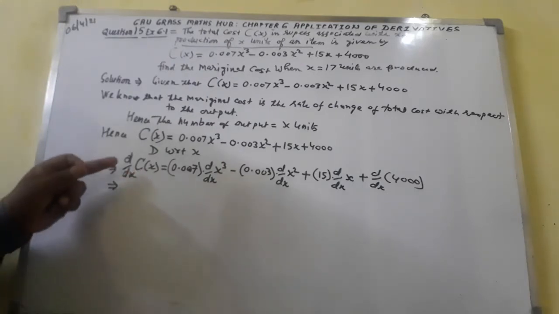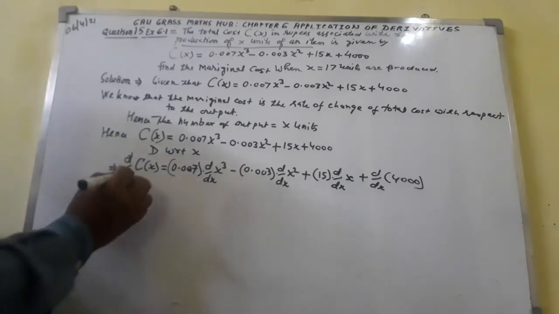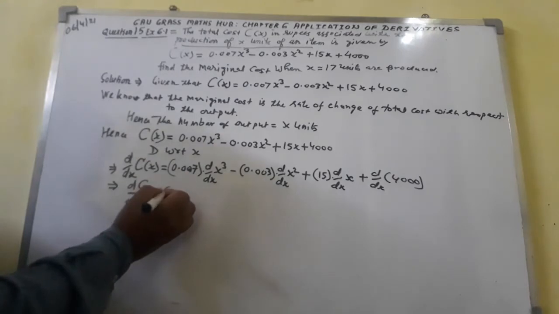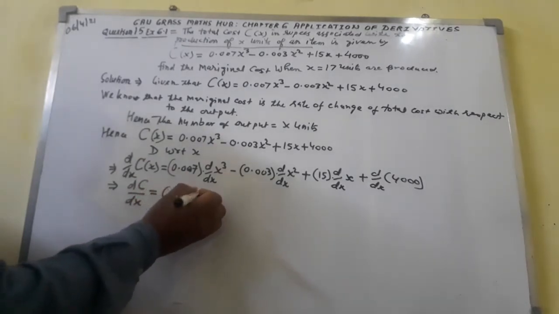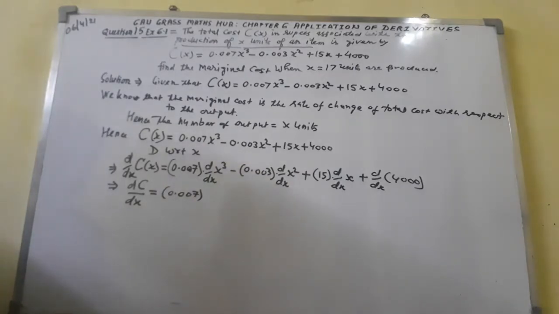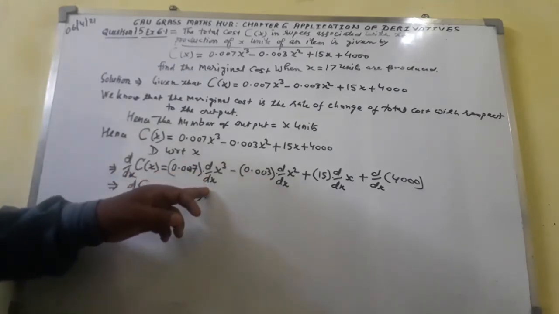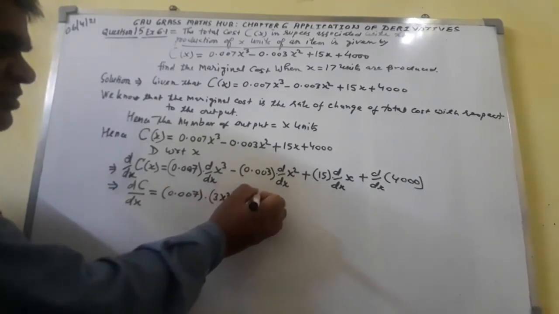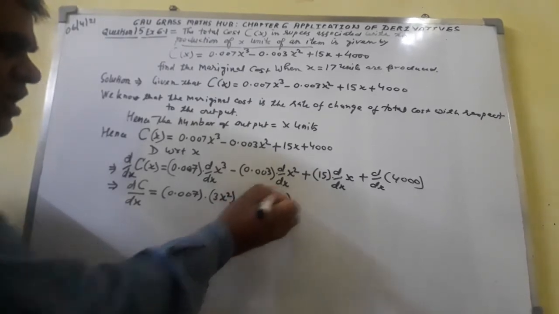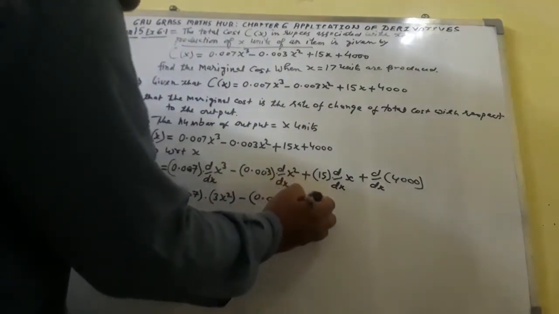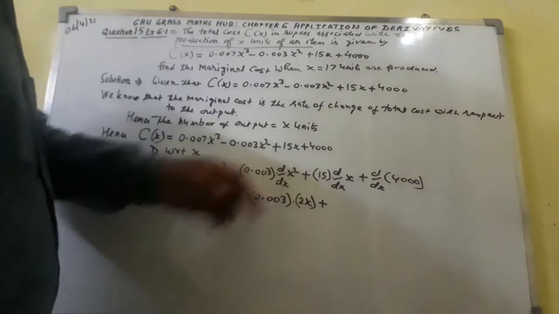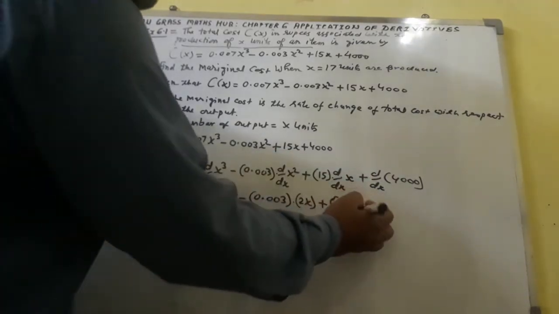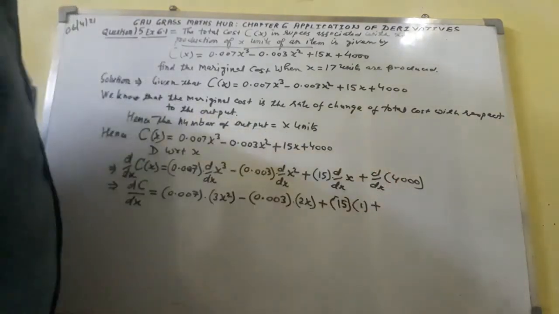C and x are different, that's why d will be conjugated with C, and it comes out to be dC over dx equal to 0.007 dot d over dx of x cube, which is 3x square, minus 0.003 dot d over dx of x square, which is 2x, plus 15 times d over dx of x, which comes out to be 1, and d over dx of 4000 comes out to be 0.